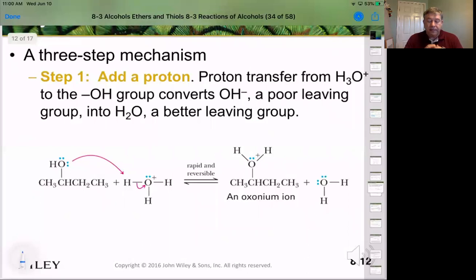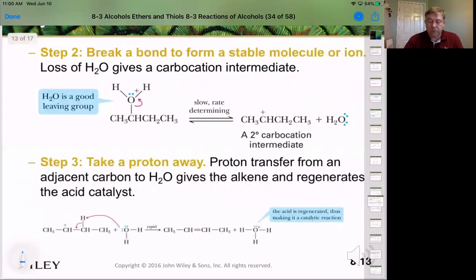Okay, and the reason it does that is it follows a 3-step mechanism. In most of these cases, when you have an acid catalyzed reaction, the first step is the transfer of a proton. And in the case of the alcohol, we do the same thing by adding the proton to the OH group, giving us the oxonium ion here, and also our neutral Lewis base, water. The second thing that happens is we have water leave, generating our carbocation.